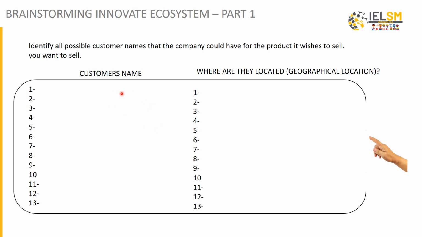It is not possible to write, for example, a finance sector. No, it is a bank, an institution. What is the name of this institution? And the student should also have written the geographical location.